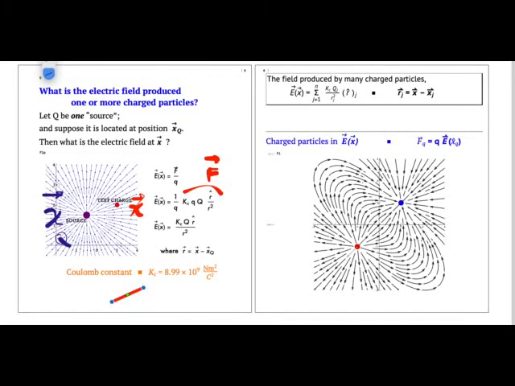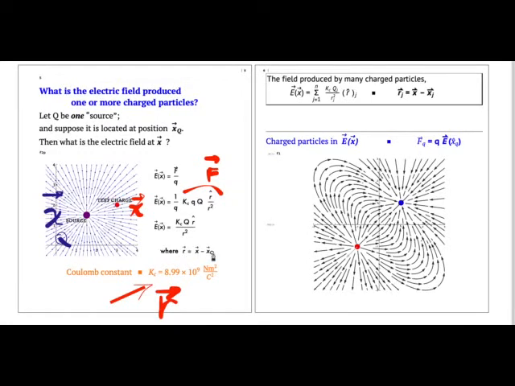R is that vector. That's the vector r. Its magnitude is the distance from the source to the test charge. Its direction is directed from the source to the test charge.